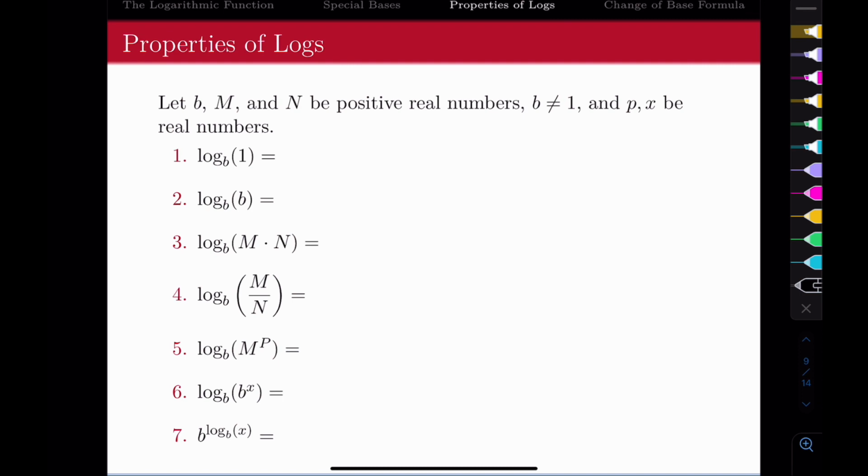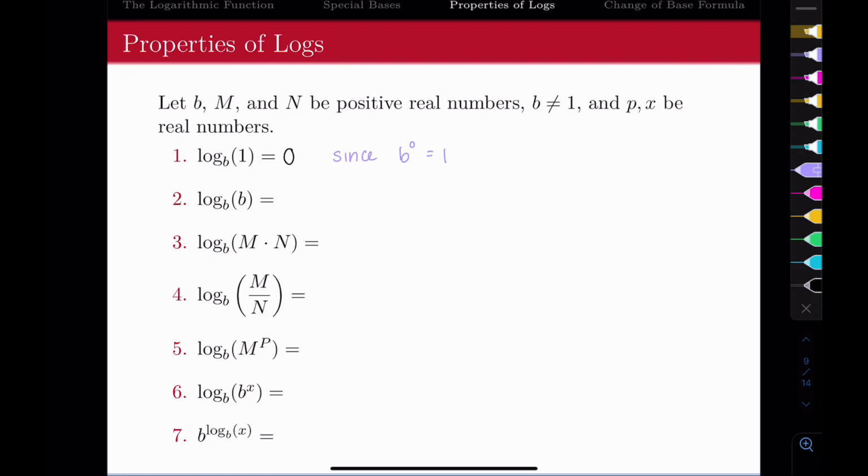But for this first one, if I try to take log base b of 1, it's going to always equal 0. And the reason for that is we can look at its equivalent exponential form. Because my base is b, my answer is 1, my exponent here has to be 0.